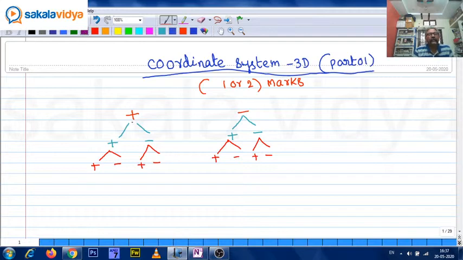So plus plus plus: all 3 coordinates are positive, x comma y comma z. That is one octant.